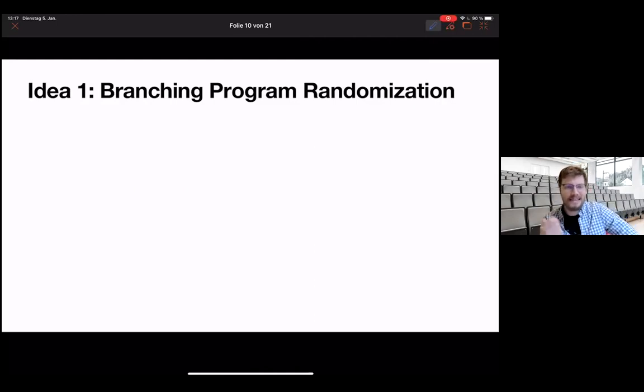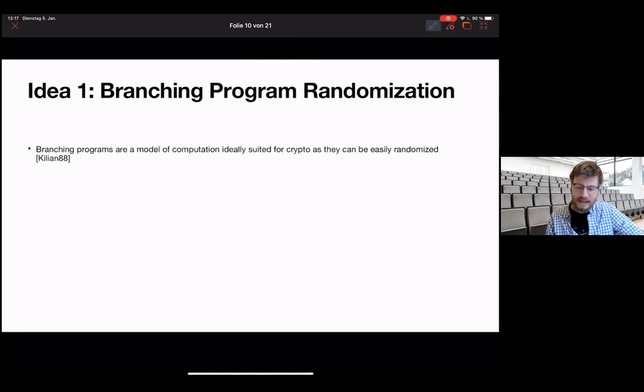Okay, good. So we need a mechanism which penalizes and, in the ideal model, in fact prevents these partial evaluation attacks. And this is an idea which for branching programs has been around long, predating these works on obfuscation by roughly 25 years. These are ideas from the late 1980s, in particular due to a work of Joe Kilian from 1988.